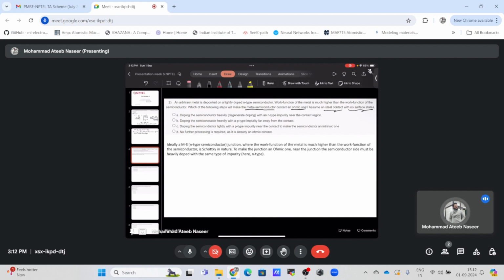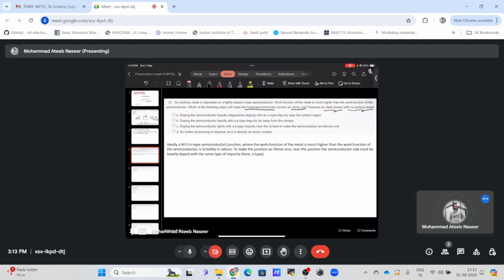As I said in the previous lecture, if we have interface states, we can have Fermi level pinning. With surface states, the Schottky barrier does not follow the Schottky-Mott rule for the barrier height. That is, the barrier will not be ideally equal to q times (phi m minus chi).